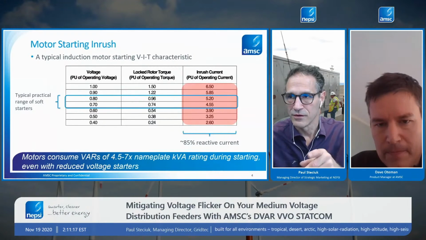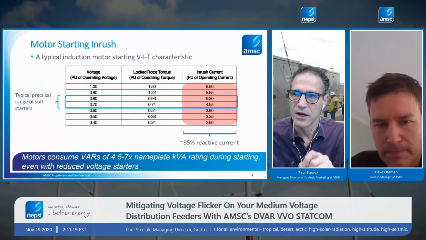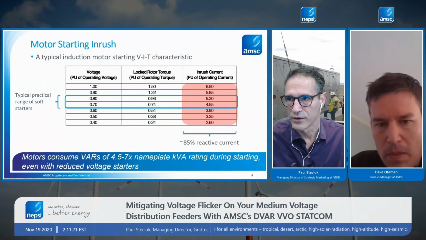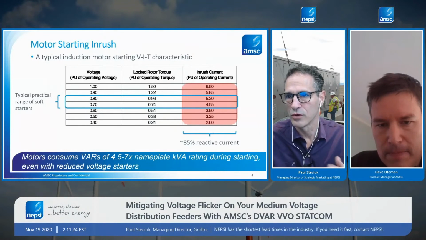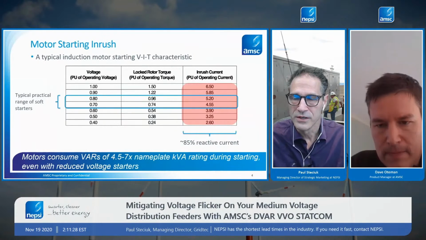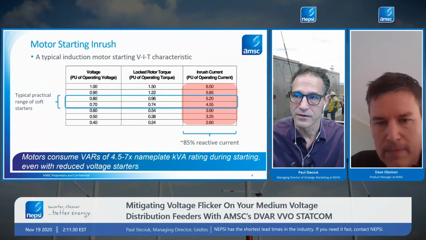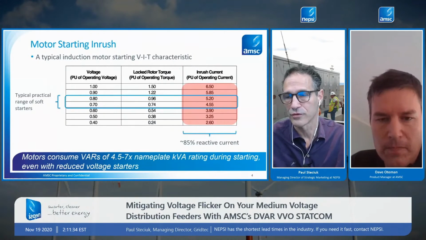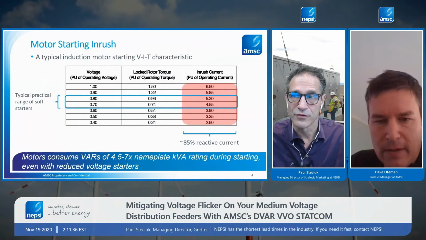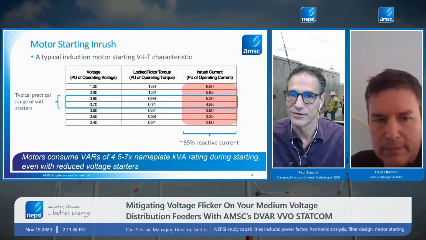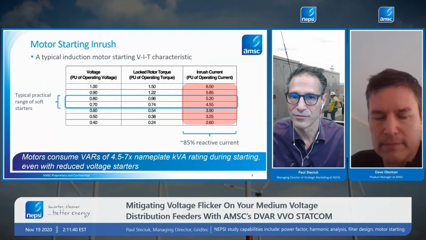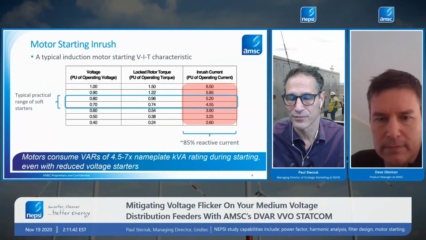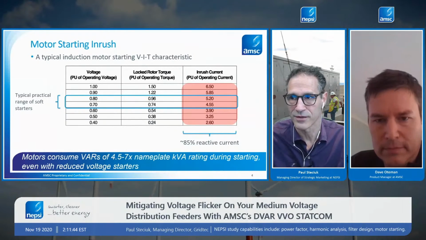So the torque output of the motor varies by the voltage squared, and as you reduce voltage, you lose torque by the voltage squared. If your starting point is already 0.6 per unit because you have a larger motor, now your problem is really exacerbated.